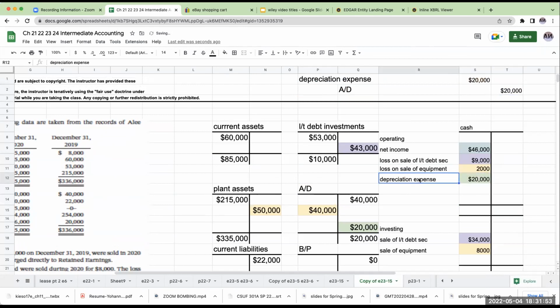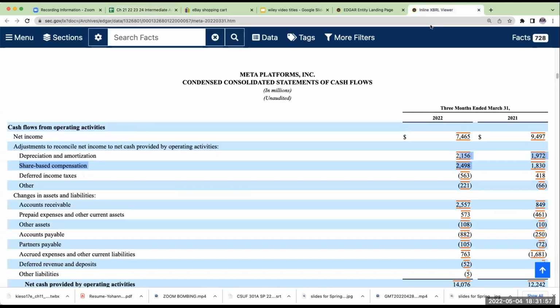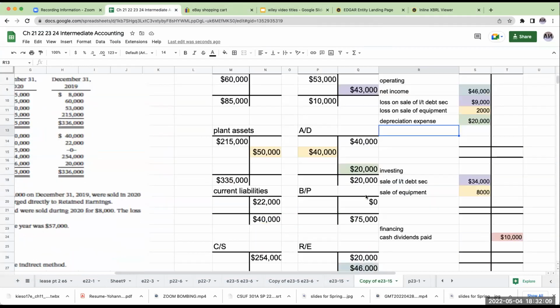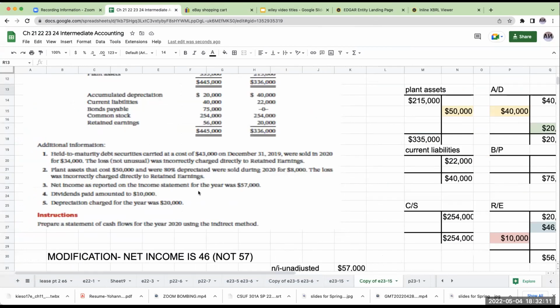So when we're showing it, if I'm looking at Meta Platforms, formerly Facebook, they don't say increase in accumulated depreciation or accumulated amortization. They basically call it depreciation expense. Let's go back over here. So I've dealt with all of the additional information.